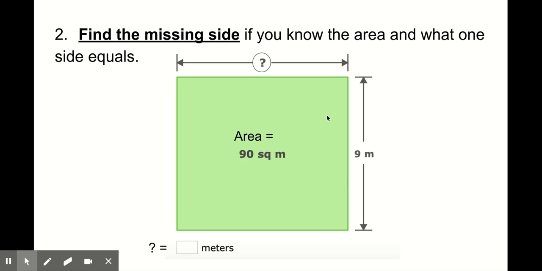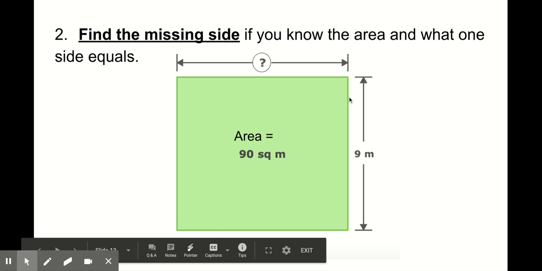Module 2. Find the missing side if you know the area and what one side equals. So now we know the inside area covers 90 square meters. One of the sides is 9 meters. So what is the missing side?